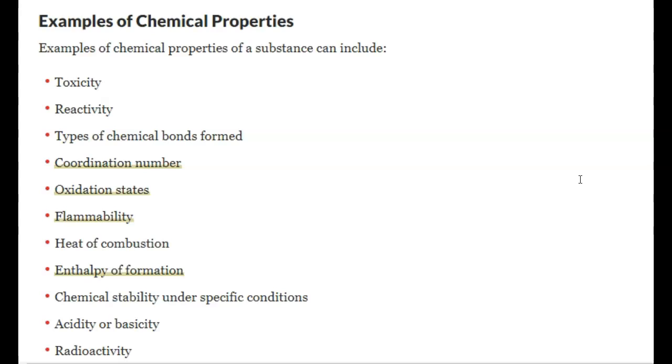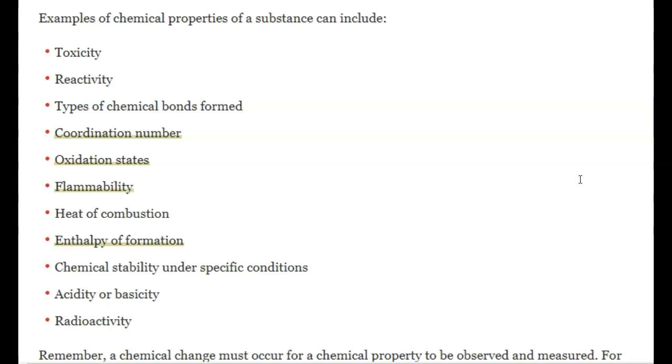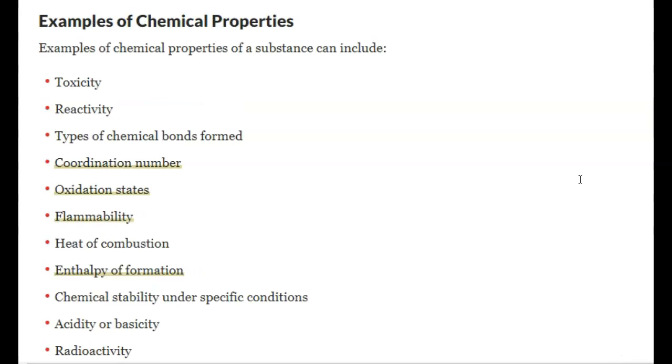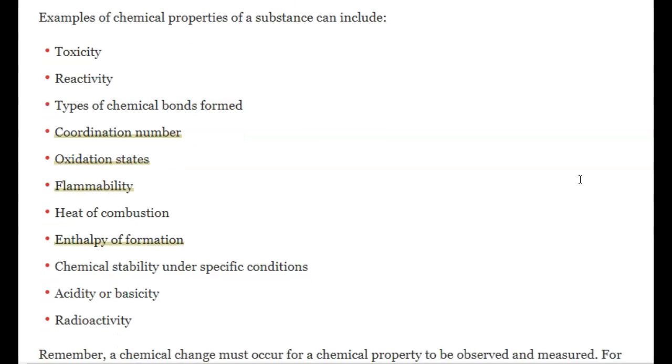Flammability, heat of combustion, enthalpy of formation. Again, that'll be one that we don't talk tons about, but we will mention a little bit. Chemical stability, acidity or basicity, so in other words, whether it's an acid or a base. Radioactivity. So those are a list of ones that we'll look at.